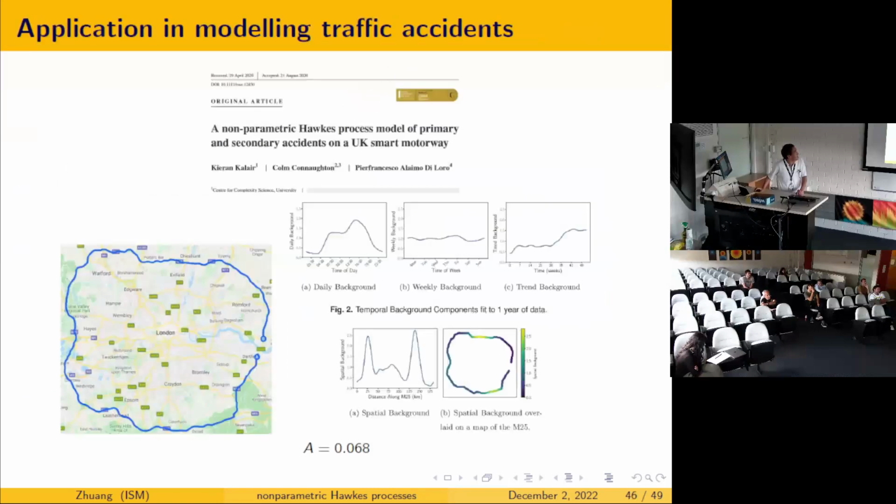Later on, these periodic Hawkes models were applied to traffic accidents on the UK smart motorway. Two of the intersections have a big effect, and they also found about 7% of the accidents are triggered.